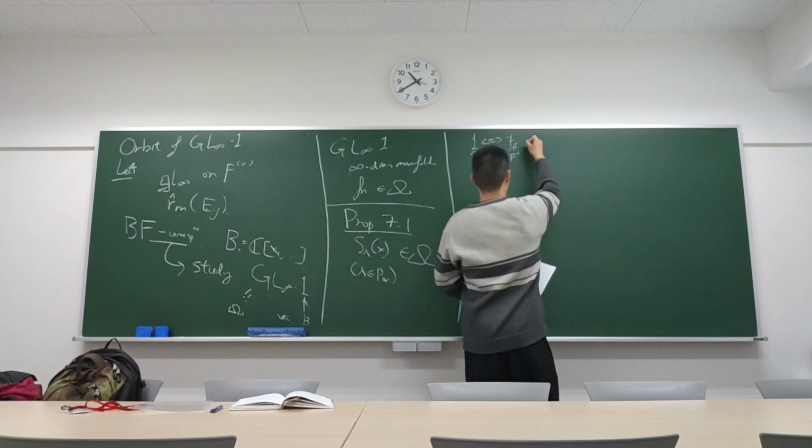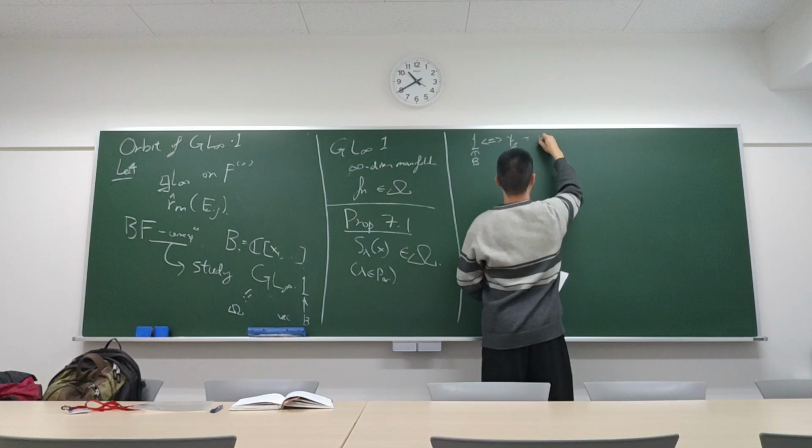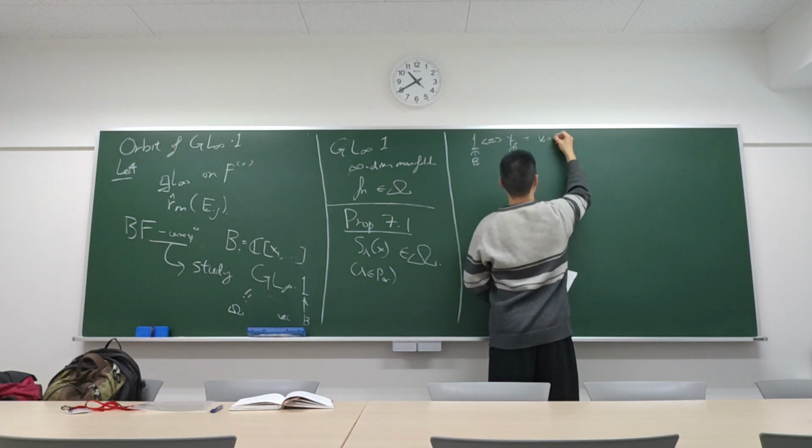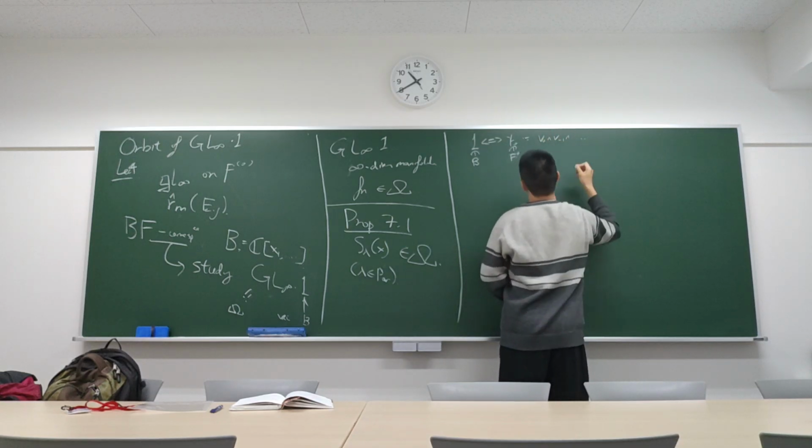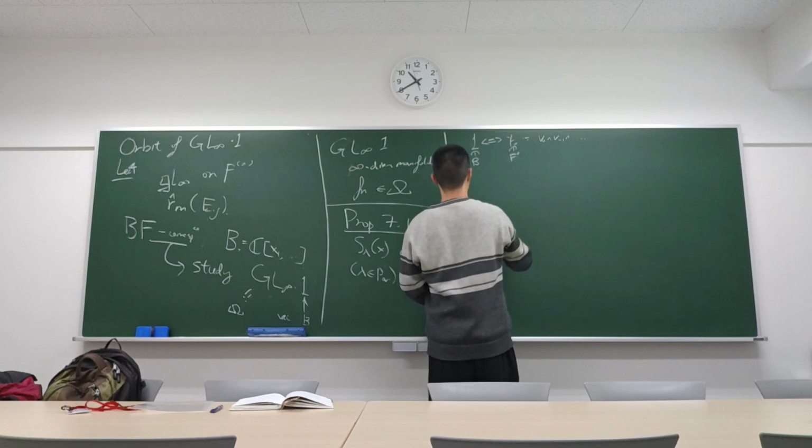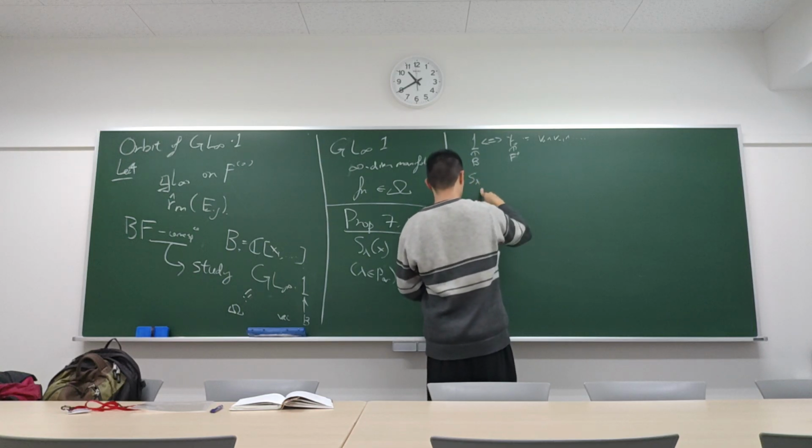Now, if you remember, this vacuum vector in F naught is v0, v1, and so on. And the correspondence goes for Schur polynomials.